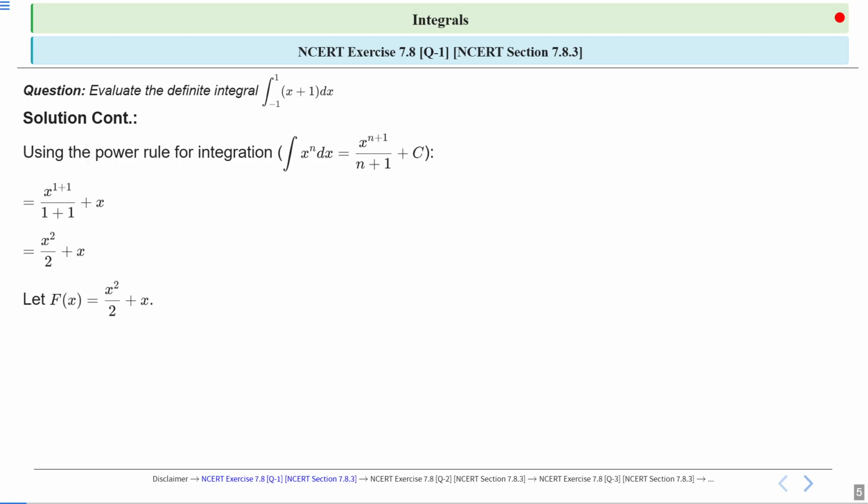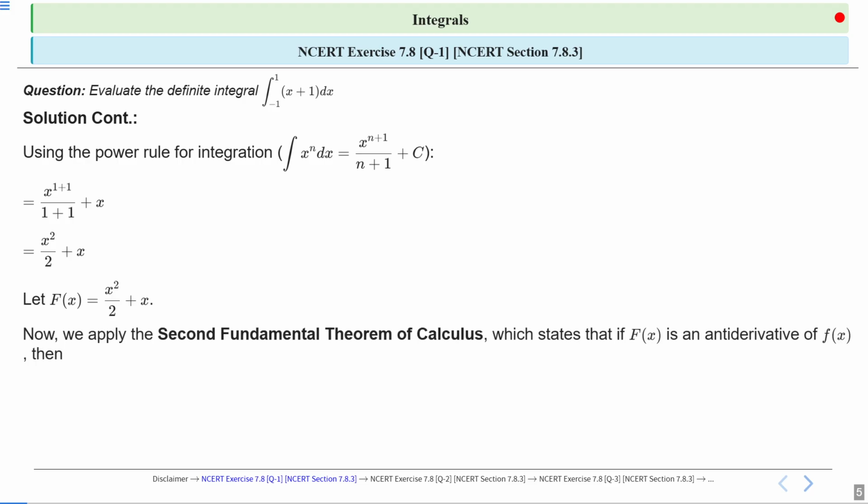In the second step, we apply the second fundamental theorem of calculus, which states that if capital F(x) is an antiderivative of f(x), then the value of the definite integral from lower limit a to upper limit b of f(x) dx is equal to F(b) minus F(a). Okay.